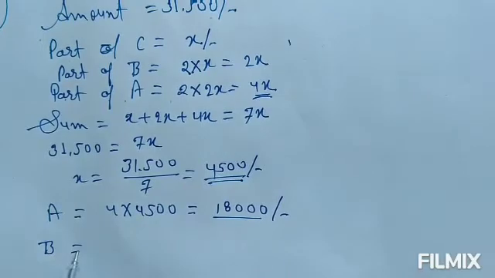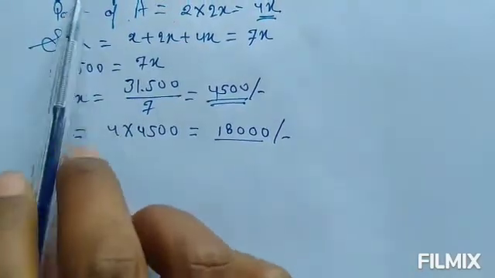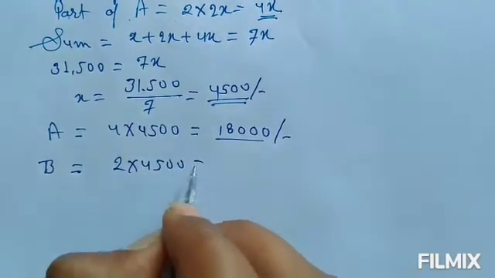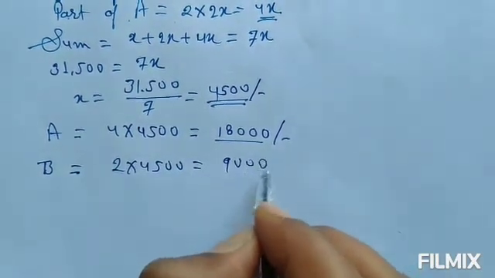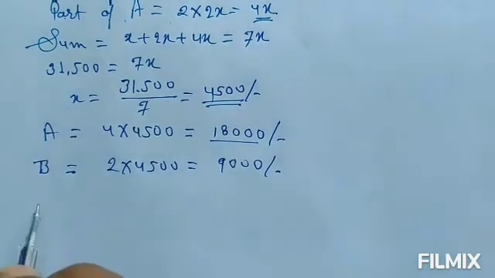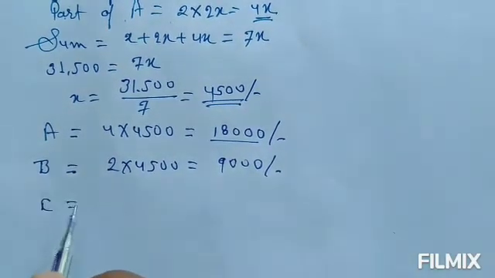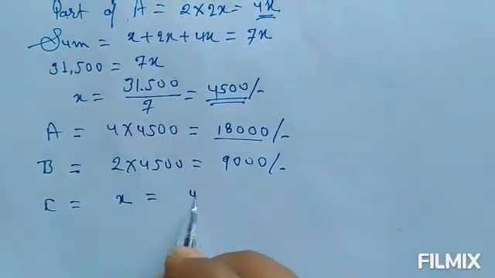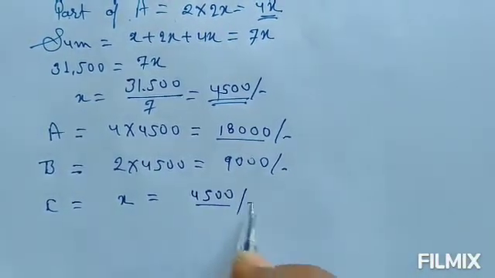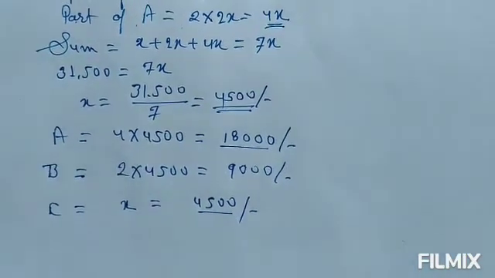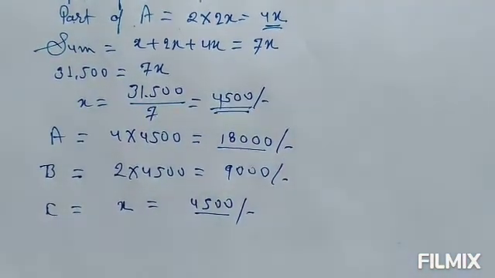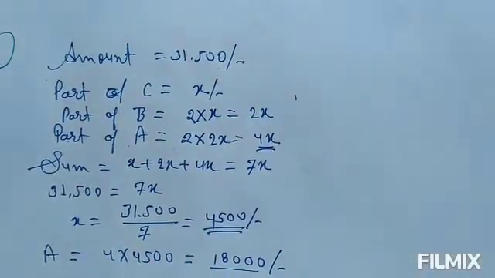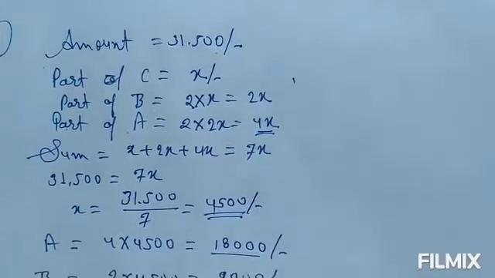Part of B, means B gets 2x, 2 into 4,500, which is 9,000. Part of C is x, simply 4,500 rupees. These are the different values, the parts of A, B and C. In this question we simply have to solve.